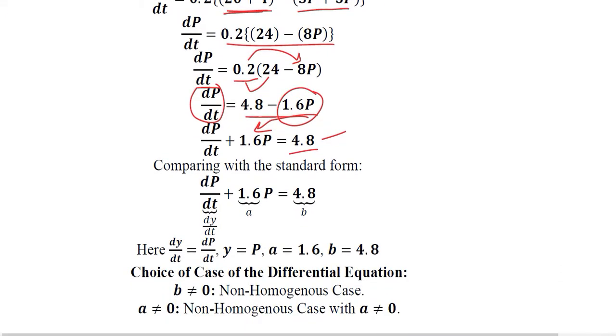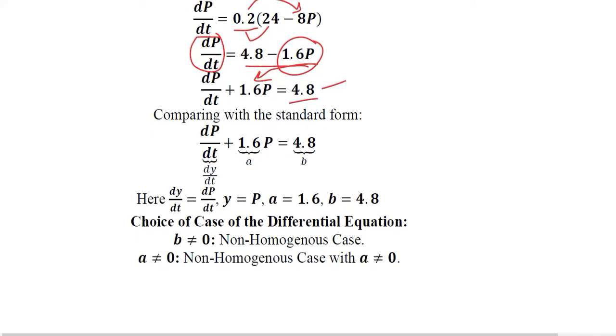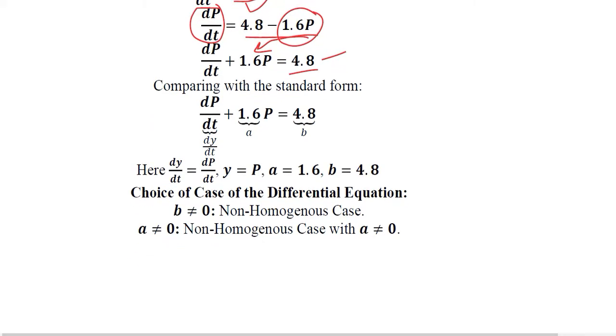Now this is easily comparable with the standard form of the first order differential equation. As you can see, we have compared and we have extracted the values of a and b. Instead of the general variable y, we have p as price, and a is 1.6 as compared here, and b is also found and it is 4.8.